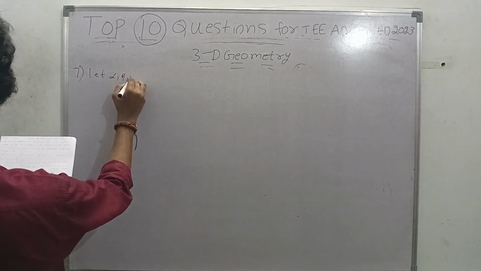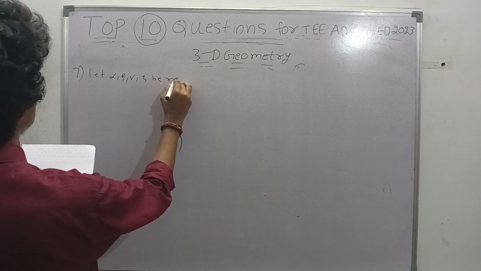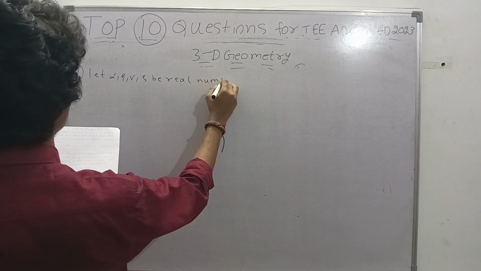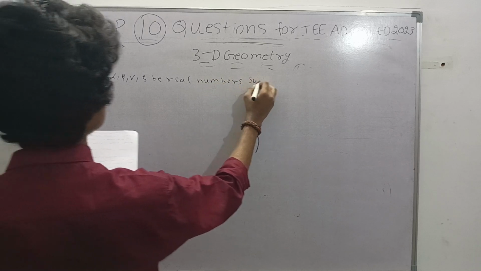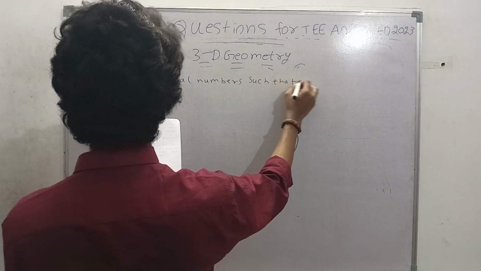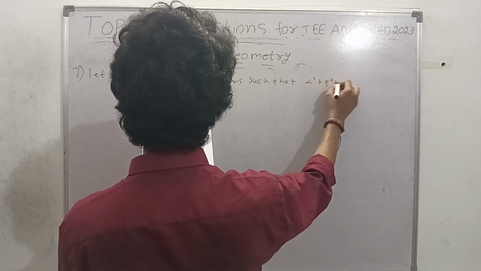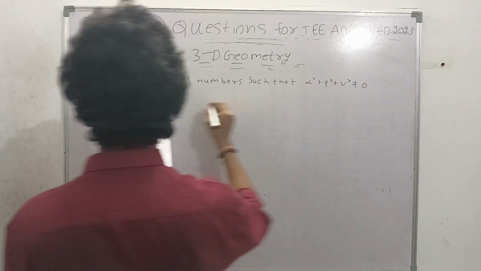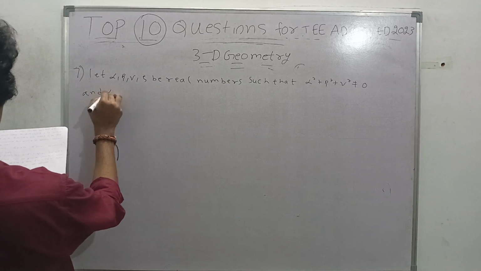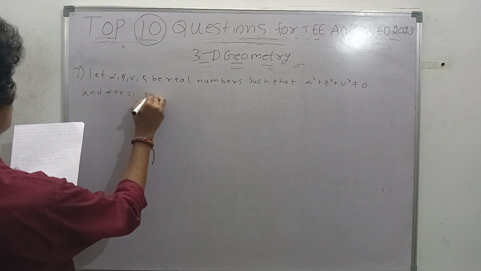Let alpha, beta, gamma, delta be real numbers such that alpha square plus beta square plus gamma square not equal to 0 and alpha plus gamma equal to 1.